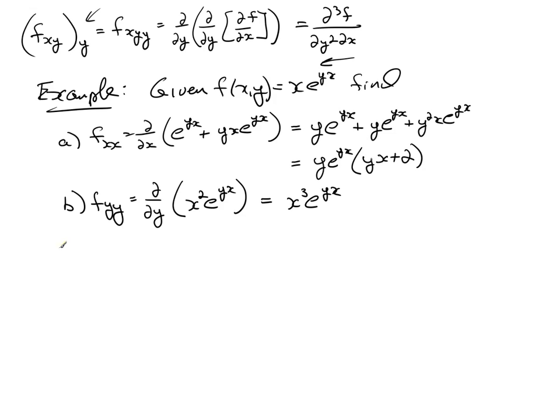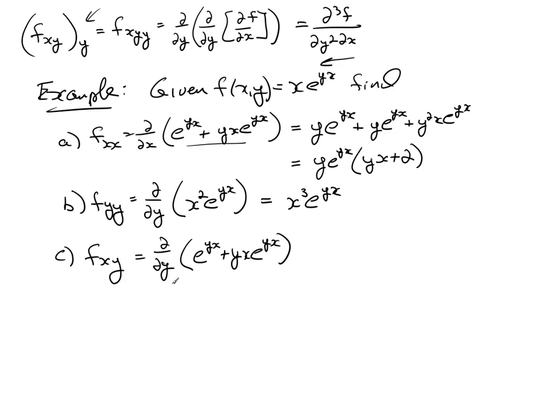Okay, I want to take a couple more here. So next I want to find, how about fxy? Well, that's the partial with respect to y of the partial with respect to x, and that was right here. So that's going to be the partial with respect to y of e to the yx plus yx e to the yx.